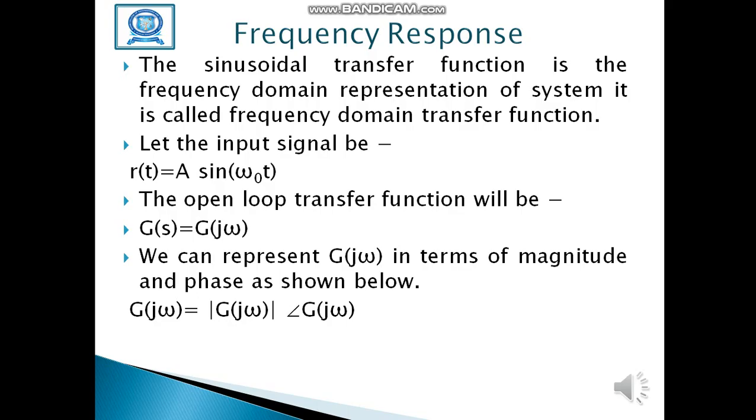The open loop transfer function will be G(s) = G(jω). We can represent G(jω) in terms of magnitude and phase. So this is the representation of magnitude and phase of G(jω). The modulus of G(jω) is the magnitude and the angle of G(jω) is the phase.